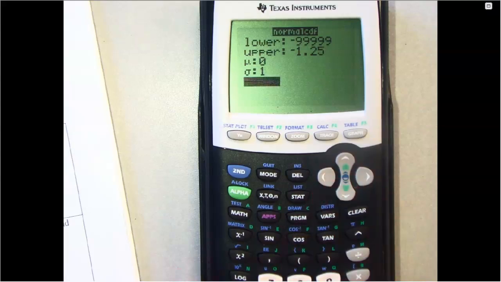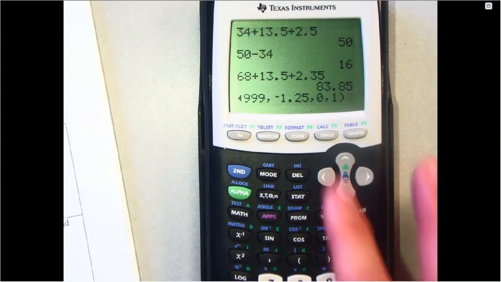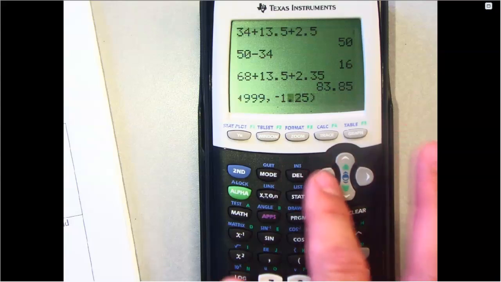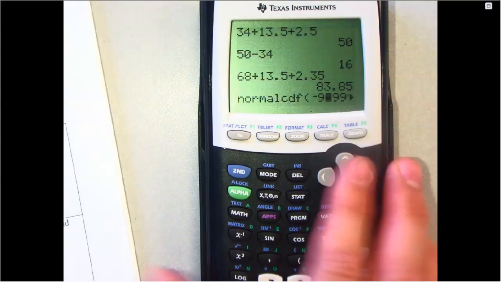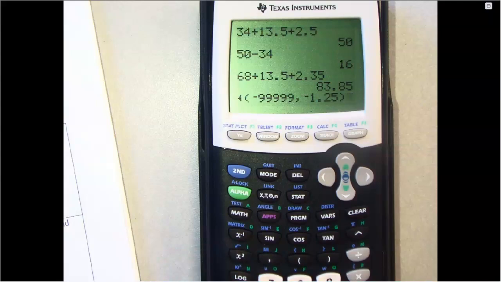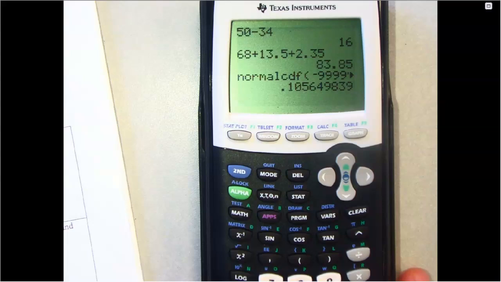And then I just go down and hit paste. And if you have the other kinds, you don't need the 0 and the 1. You would type in negative 999, comma, negative 1.25. It's like the left-hand side to the right-hand side. If you hit enter, you should get that, hopefully.